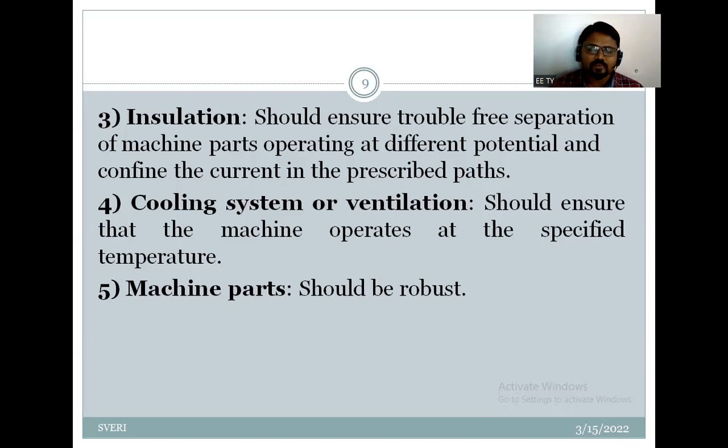Fourth point, write down fourth point. What is that? Cooling system or ventilation.